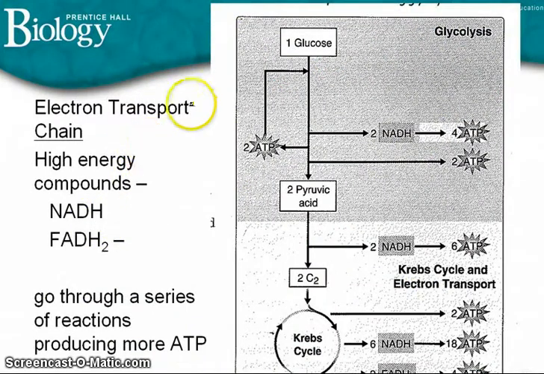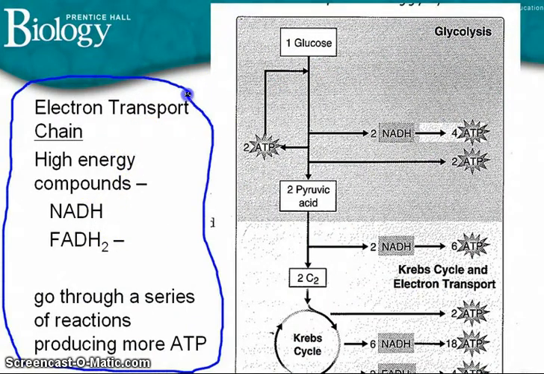Onto your notes somewhere on the side, write down basically what you have here. The electron transport chain is a series of reactions that take high energy molecules, break them apart. That energy is then used to change ADP into ATP, which is finally the form of energy that your body needs to supply its energy needs.